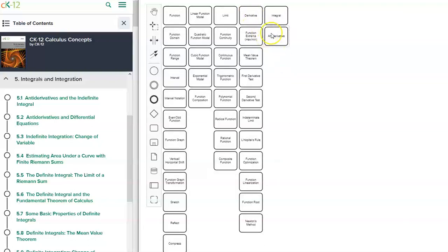So we have derivative and antiderivative. It makes me wonder if there's an integral and anti-integral, or a function and anti-function. I don't think there is, but something fun to think about. We have the indefinite integral.